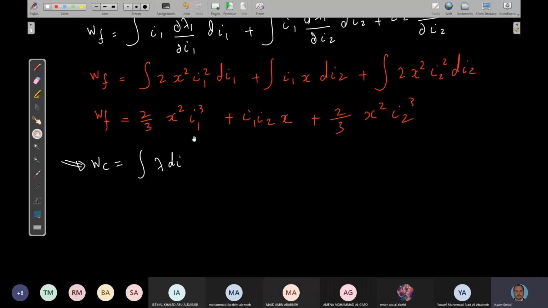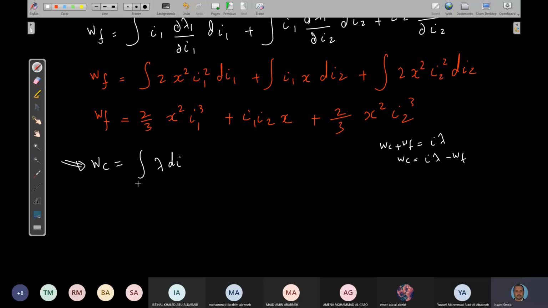I think you said that you will use omega c plus omega f equal to I lambda, correct? And from here you can calculate omega c, which equals I lambda minus omega f, but this will be difficult, by the way.